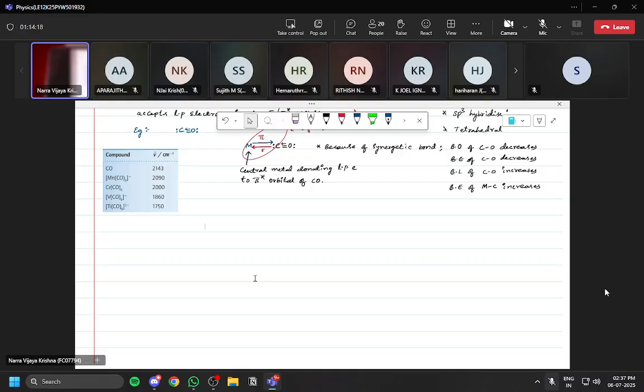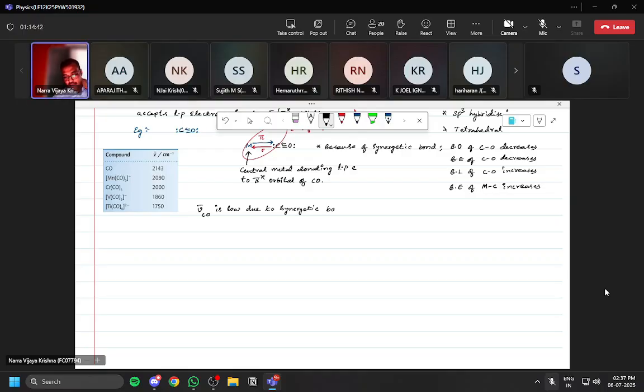Check. Correct or not? Any questions? So nu bar of CO is low due to synergic bond.